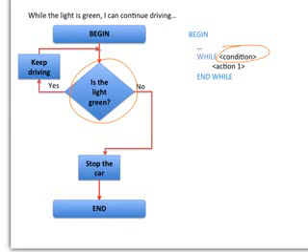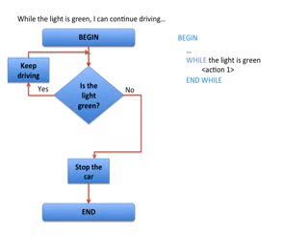Is the light green? Let's fill that in. If the light is green, our action is to keep driving. We now need to add in our other process and finish off the algorithm.